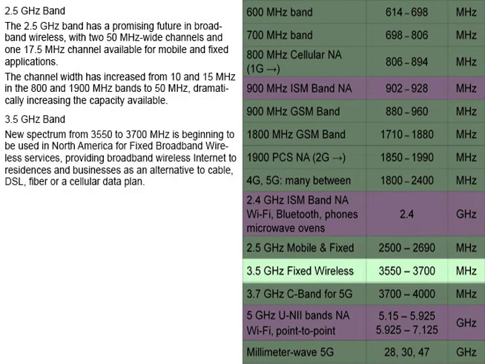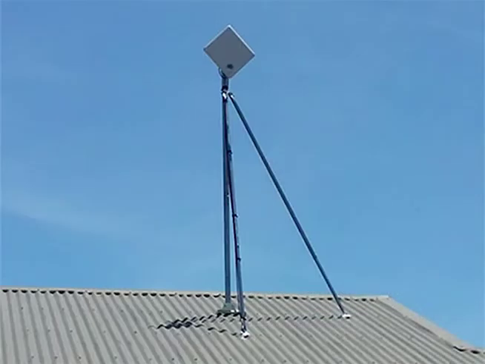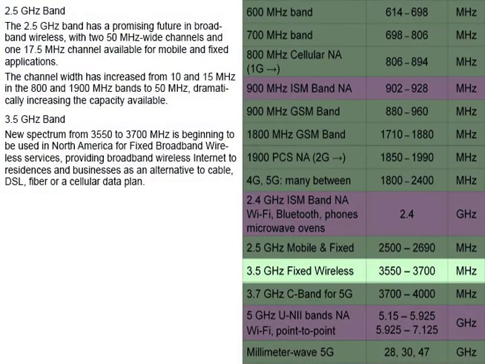New spectrum from 3550 to 3700 megahertz, called the 3.5 gigahertz band, is beginning to be used in North America for fixed broadband wireless services, providing broadband wireless internet to residences and businesses as an alternative to cable, DSL, fiber, or a cellular data plan.